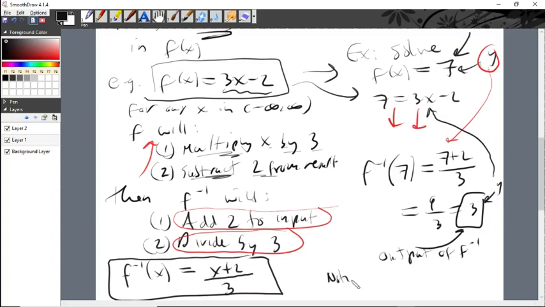So notice that f of 3, if we had plugged the 3 into the original function, we would get 3 times 3 minus 2, which is 7. So we've solved the problem. We found out the value of x for the original function that would have given us the output.